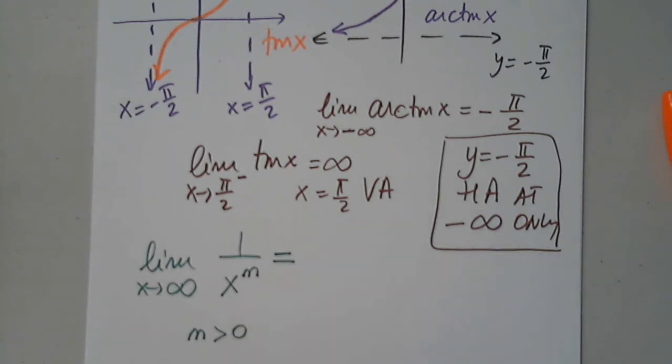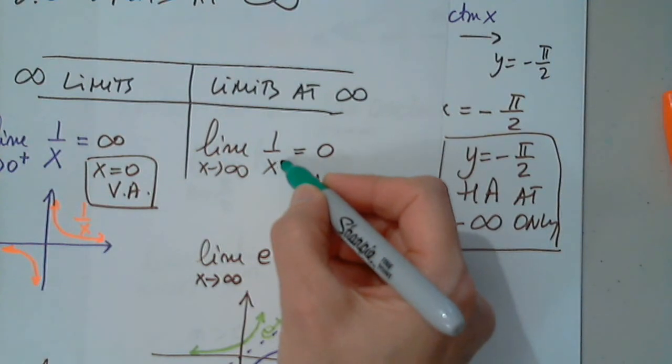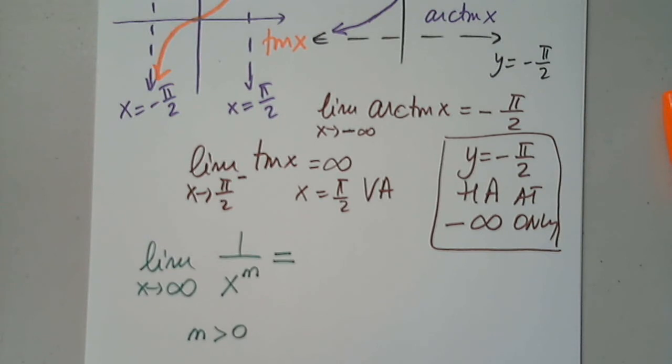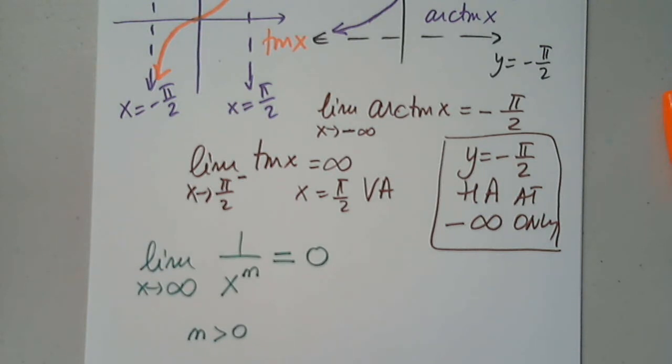What do you think this is? This is basically exactly the same, but I put a power here, which is positive. That's all that there is. What will the answer be? Zero? Very good. Awesome. Always 0. Perfect.